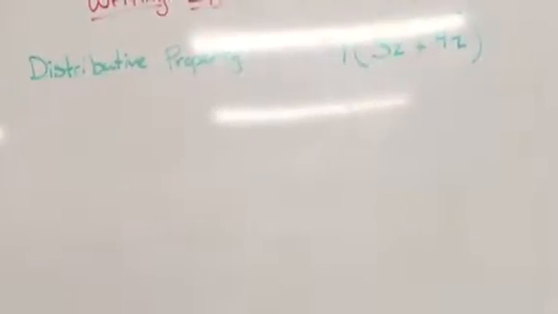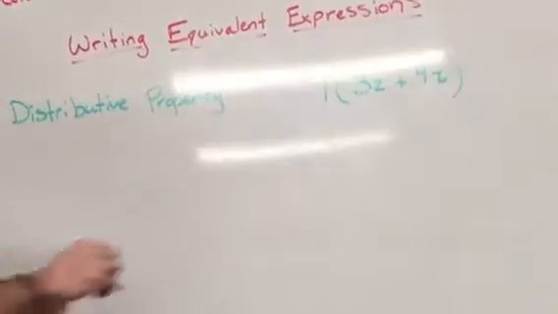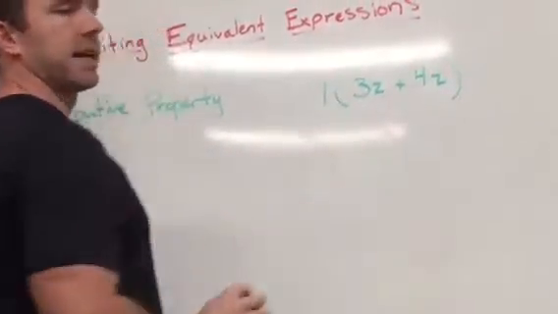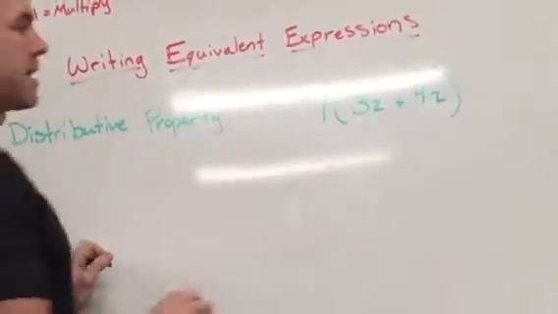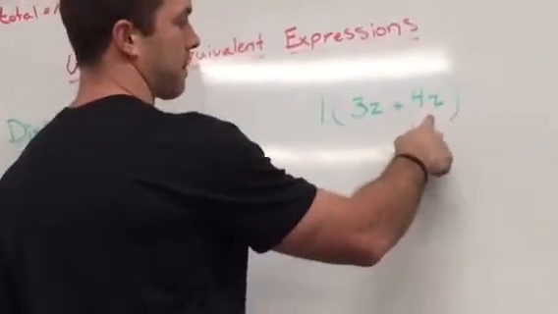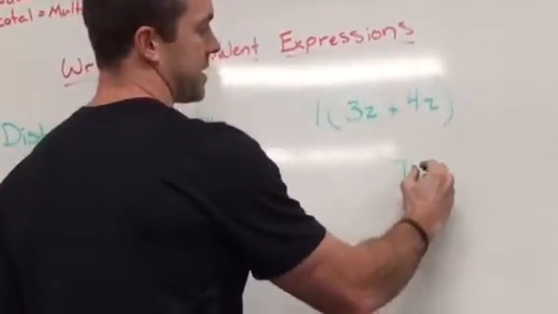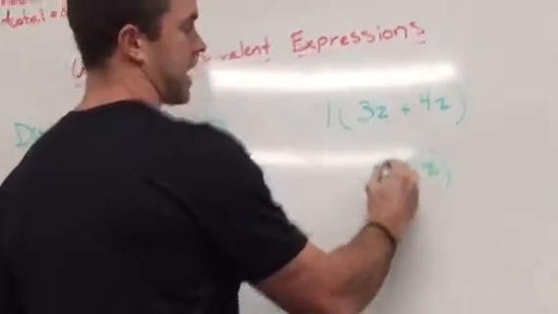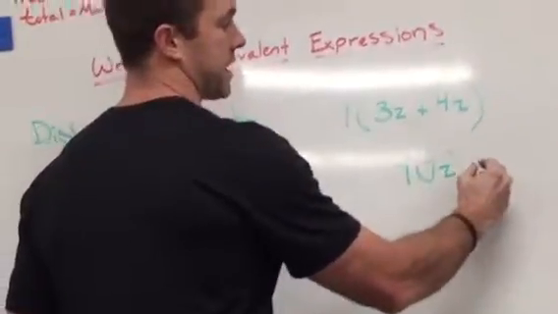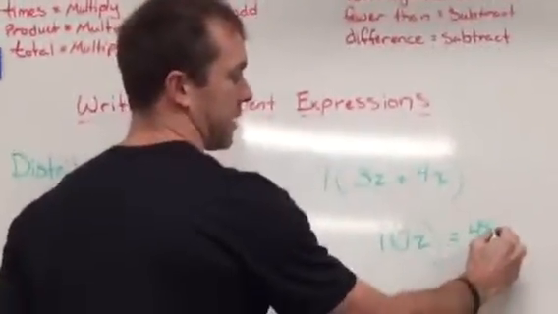They have a variable of z. So I could have combined these right away. What did we say the answer was earlier? 49z. What's 3z plus 4z? 7z. So this is 7z times 7. What does that equal? 49z.